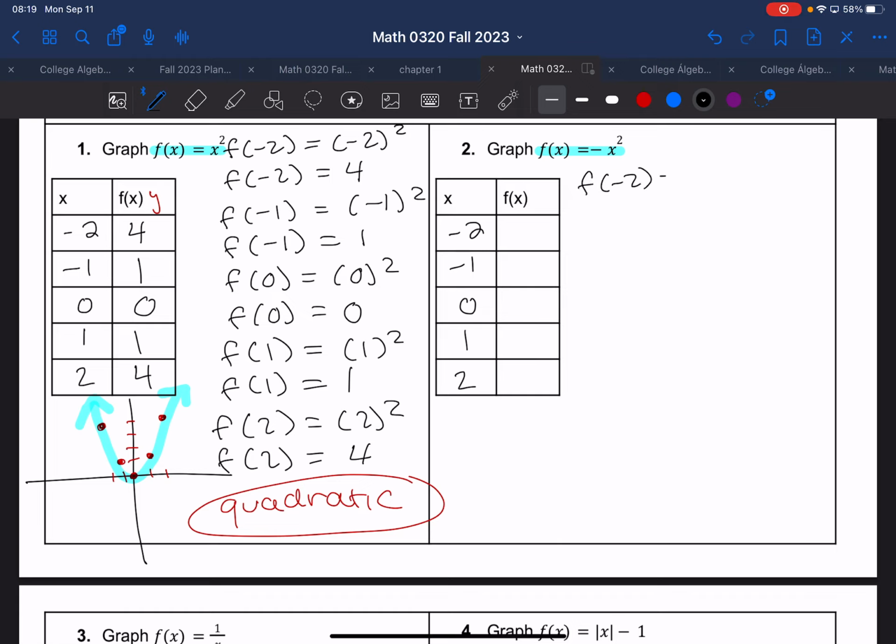So we're plugging in our negative 2, negative 1, 0, 1, and 2. Plugging in negative 2, I have negative 2 squared, which is negative 4. I'm going to be doing this for each one. Plugging in negative 1, I get negative 1. Plugging in 0, I get 0.